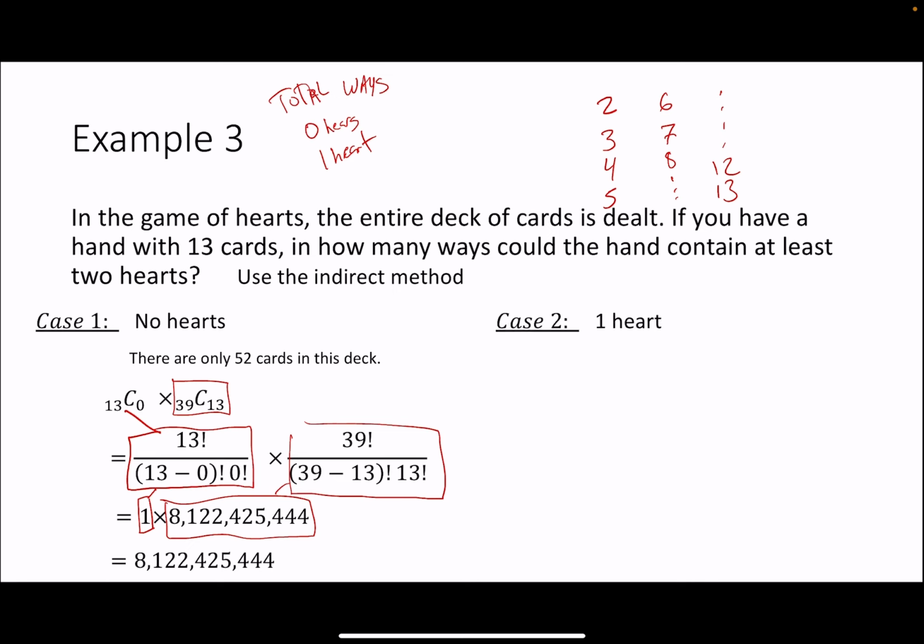Case 2, how many ways are there to select 1 heart? Well, there's 13 hearts. I can choose them in 13 choose 1, which is going to equal 13. But I work it out here. Whoa, that's supposed to be 13 minus 1.